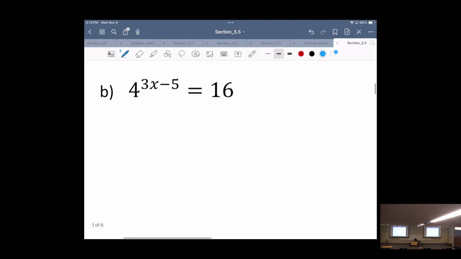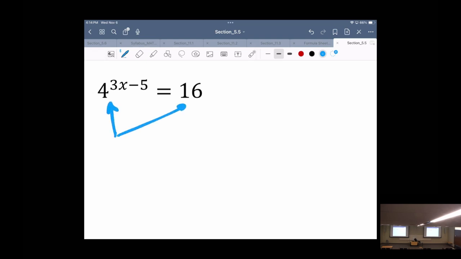Now this one. So I'm assuming that you've already solved this for x and you're going to compare your solution with this. So the first thing I do is I look at the numbers on both sides and I notice that, okay, on the left I have 4 raised to some power, right? Can I write 16 as some power of 4? The answer is yes. So let me do that.